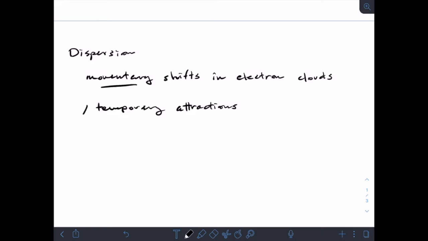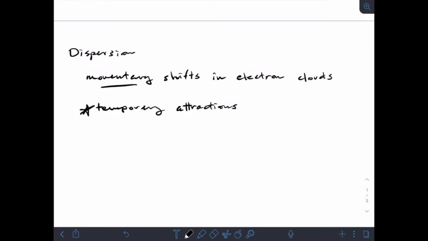Okay, that is a very important aspect as to why dispersion forces are as weak as they are, is because they are fleeting. They're momentary attractions. But they're happening so often with so many different molecules sticking and unsticking from each other that you get a sort of overall effect. Okay.